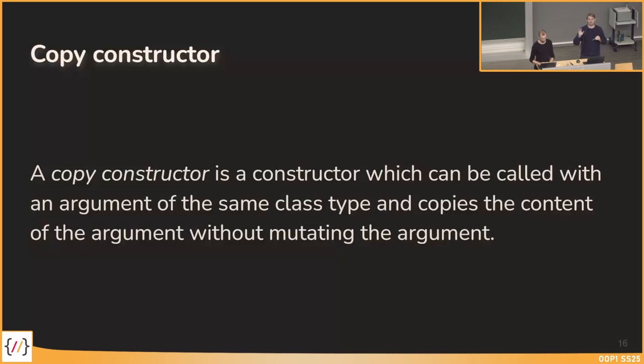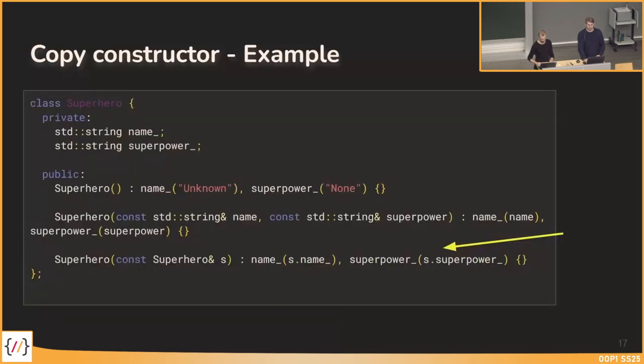If we have a pet, we pass an argument of the class type pet, and then all the content of this passed pet is copied to the new pet without mutating the original pet. Again, quite confusing. We will have a few examples and a deeper look into it.